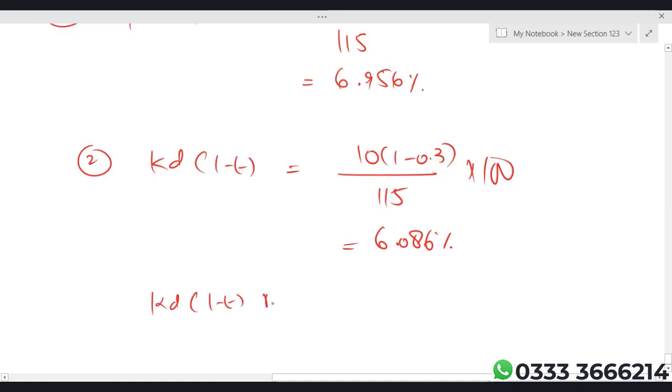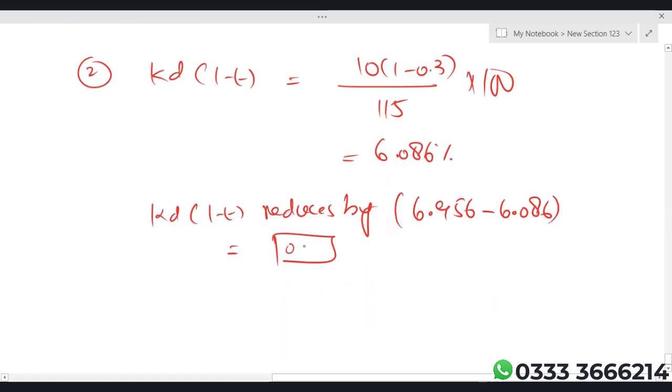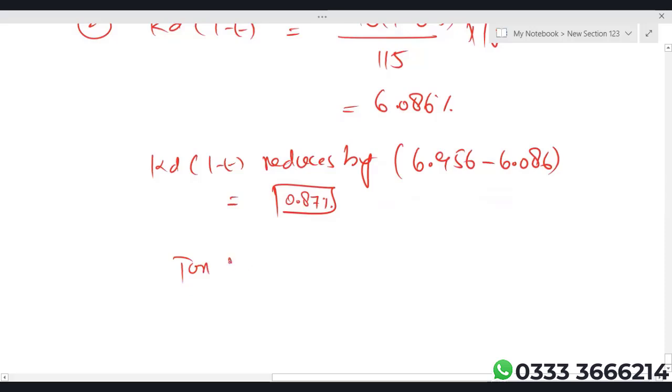KD1 minus T reduces by 6.956 minus 6.086, which is 0.87%. And definitely when tax rate increases, KD1 minus T will reduce.